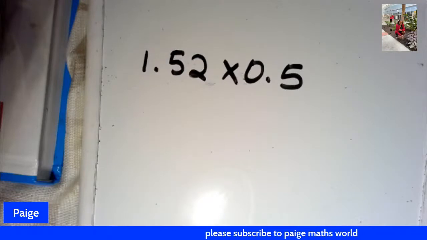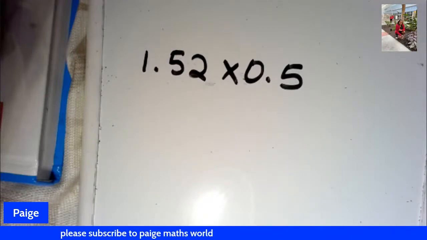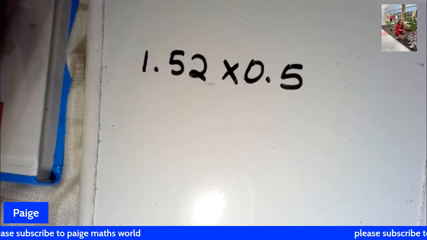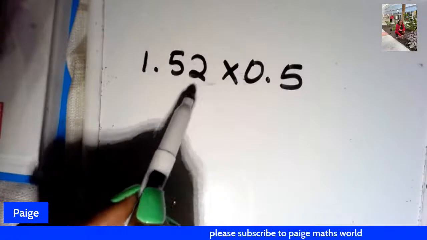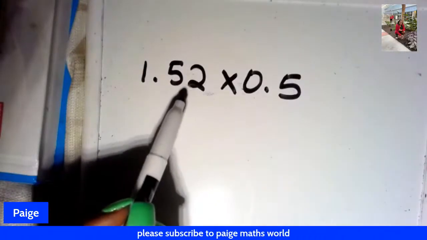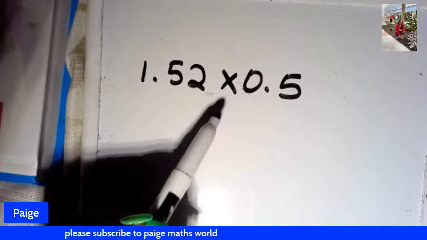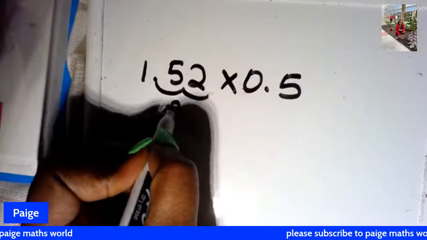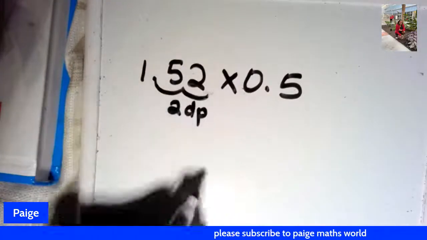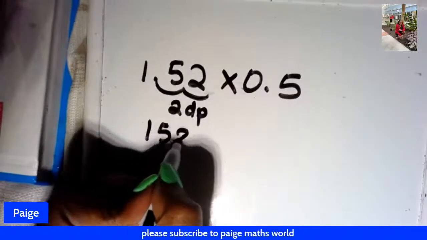All right. So let us try to get this one. Remember, we're going to try to take the decimal points out in order to make it a whole number. So we're going to take out the decimal point. So we're moving 1, 2. So we're taking out 2 decimal places here. So it's now 152.